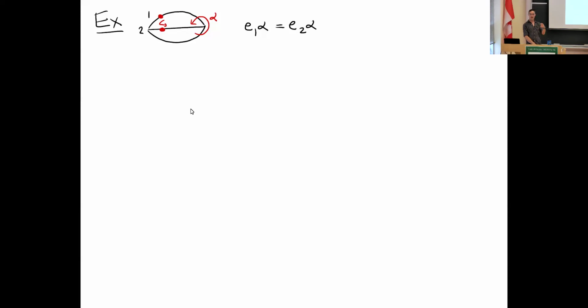And because I have a path from edge number 1 to edge number 2 that avoids the vertex that's occupied, E1 times alpha is equal to E2 times alpha. That picture that I've drawn is a homotopy and therefore a homology between those two things. And similarly, that same thing is equal to E3 times alpha. So because E1, E2, and E3 are in the same connected component after I remove the vertex that's occupied, their action is the same on this particular homology class.